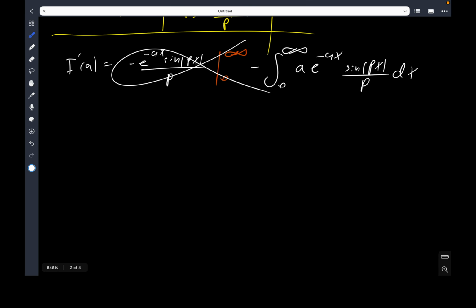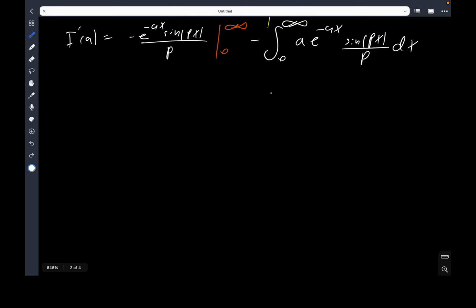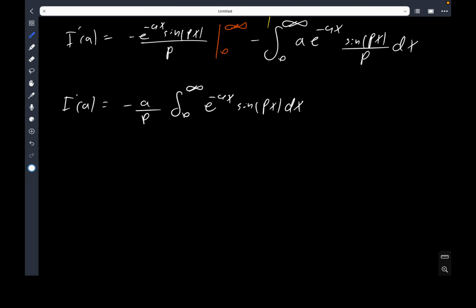This limit goes down to 0. You can go ahead and verify it. Thus, my I prime of a equals negative a over p times the integral from 0 to infinity of e to the negative ax sine of px dx.